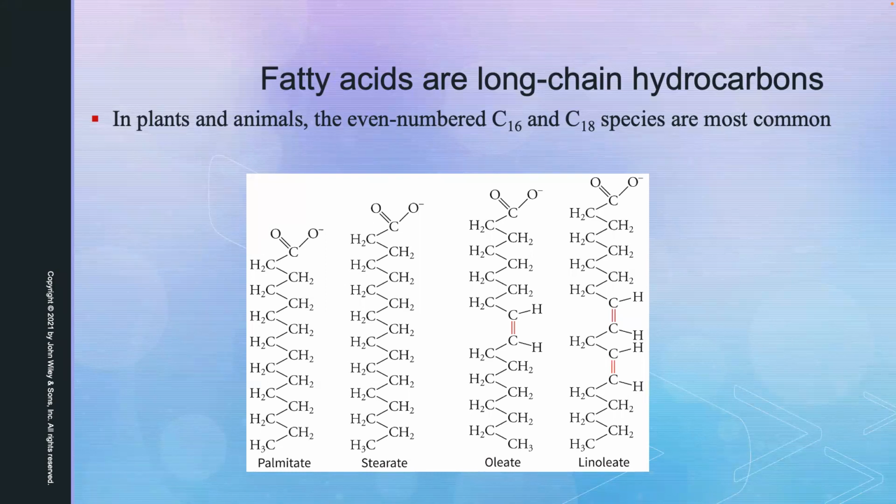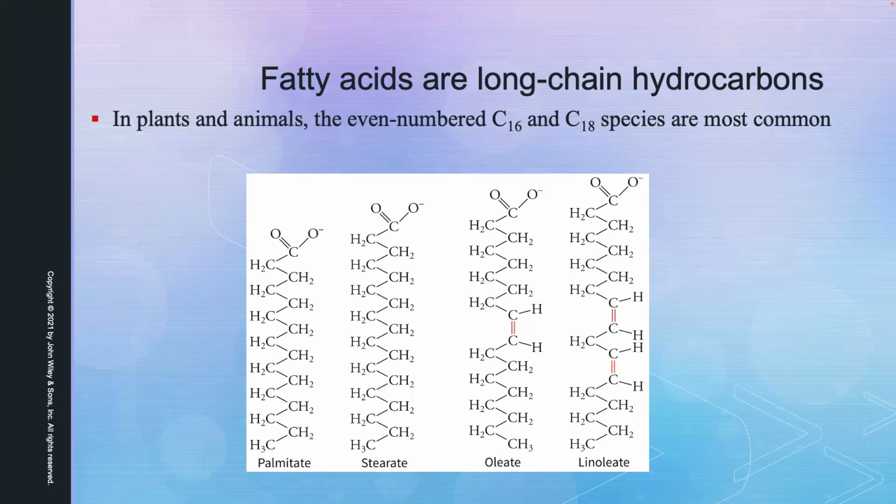And so we can talk about fatty acids, which are lipids, and they have long-chained hydrocarbons. And fatty acids are used as a storage molecule because they don't have water. In plants and animals, the even-numbered fatty acids, so for example, C16 and C18 species, are going to be the most common.